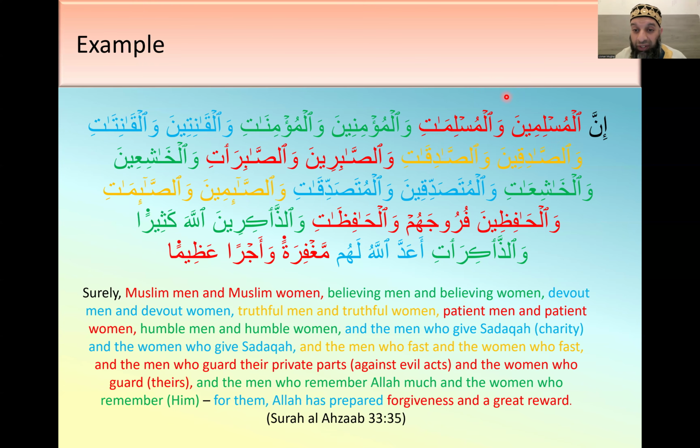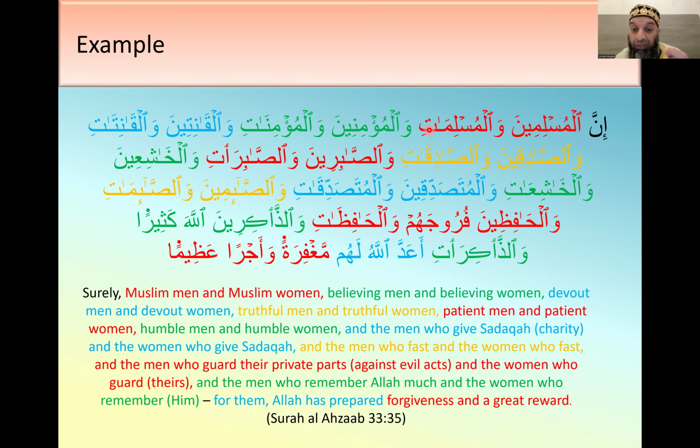Now, because the believing women have been mentioned after the believing men, we know this is exclusively only men, because the woman version has been mentioned after it. If there was no woman version mentioned, then you may be able to assume it's a mixed group. But this is not a mixed group. This is exclusively men. Why?